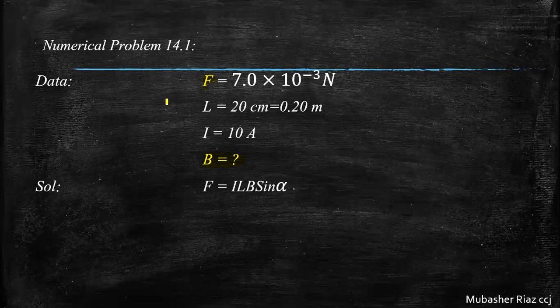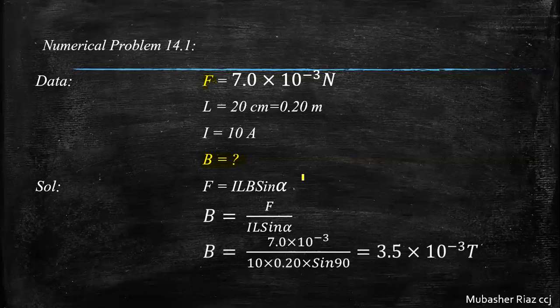We know that F is equal to ILB sine alpha, and from this mathematical form, B becomes equal to F over IL sine alpha. So by putting their values, where F is 7 into 10 to the power minus 3 Newton, current is 10 ampere, length is 0.20 meter, and for maximum force, this angle should be equal to 90 degree.